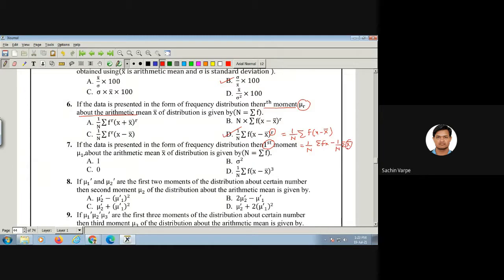But this is a constant, I can write it outside the summation. So minus 1 by n into x bar, summation over i, where i varies from 1 to n. That is actually 1 by n times the summation is n, and this n and that n will get cancelled. And this is the formula of x bar. So x bar minus this x bar will be 0. So as we know, the first moment is always 0.